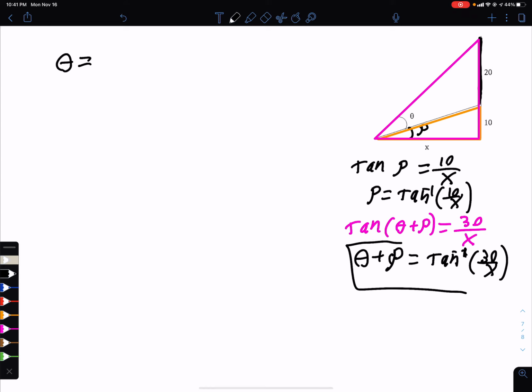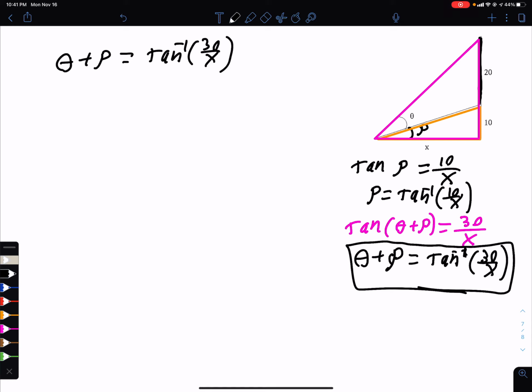Well, we want to solve for theta, so we're going to use this. So we actually are going to have theta plus rho is arctan of 30 over x. This is going to be craziness, but we know what rho is.